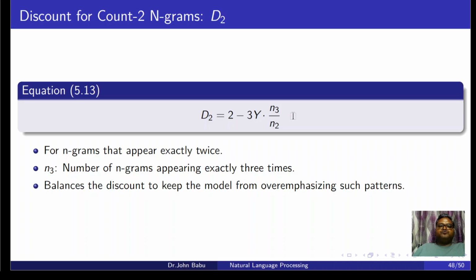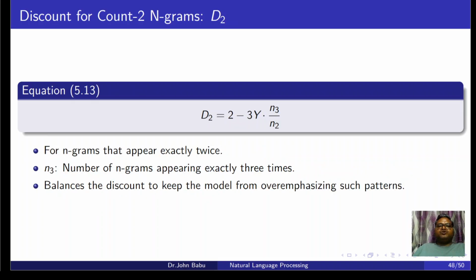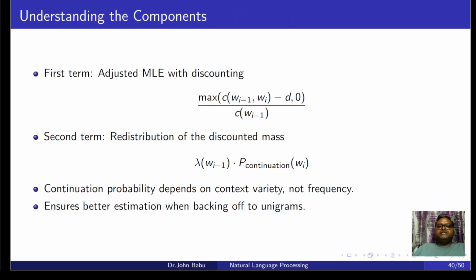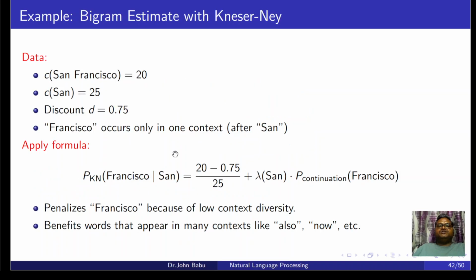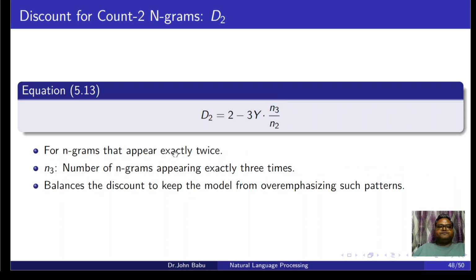Similarly, D2 = 2 minus 3Y times n3 by n2, and D3 = 3 minus 4Y times n4 by n3. These are the different discount factors D used here. This is modified Kneser-Ney smoothing.